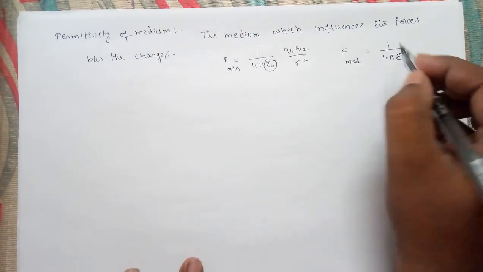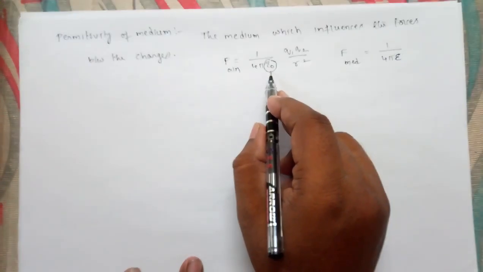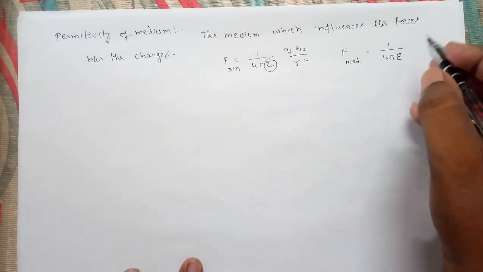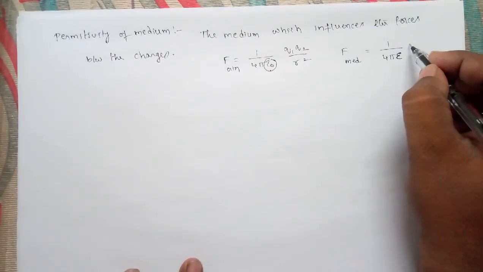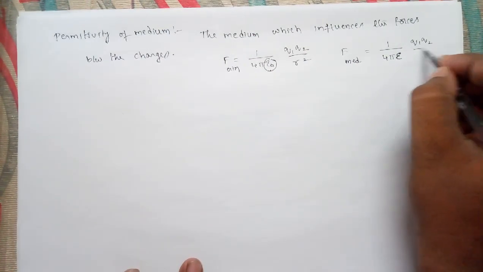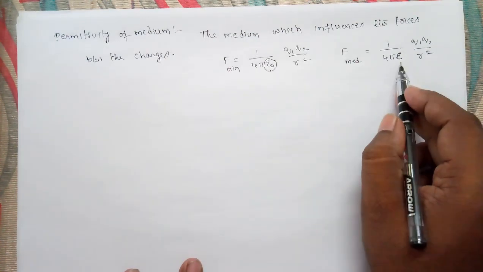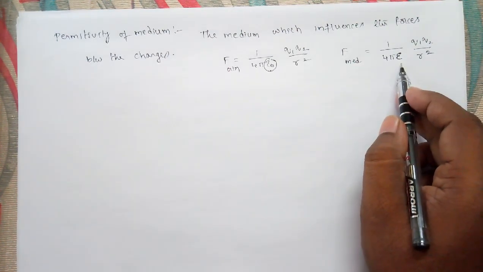Okay, so epsilon naught is related to free space, or air, or vacuum. Here epsilon is for the medium, that is q1 q2 by r square, where epsilon is the permittivity of the medium.